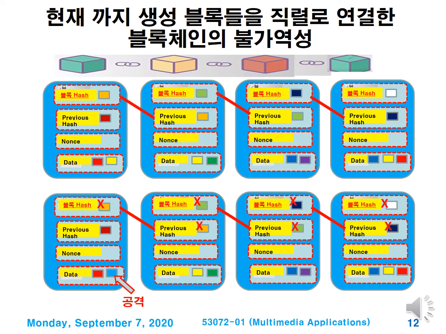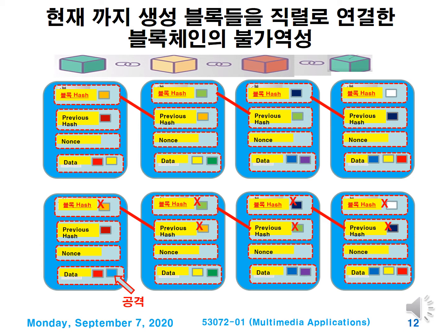So you see the data and the nonce and the previous hash produce the block hash value. So if the data is attacked by an enemy, then the block hash changes.